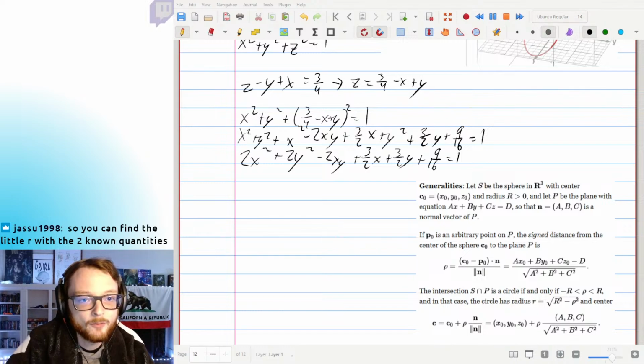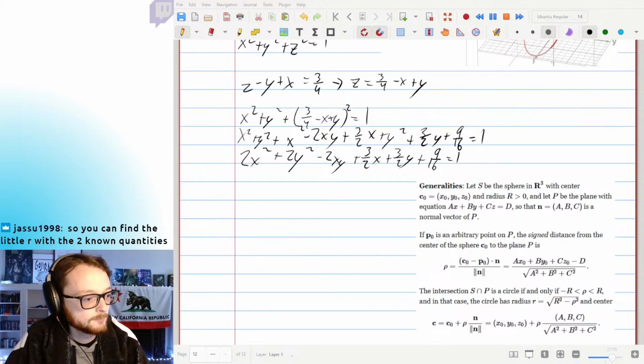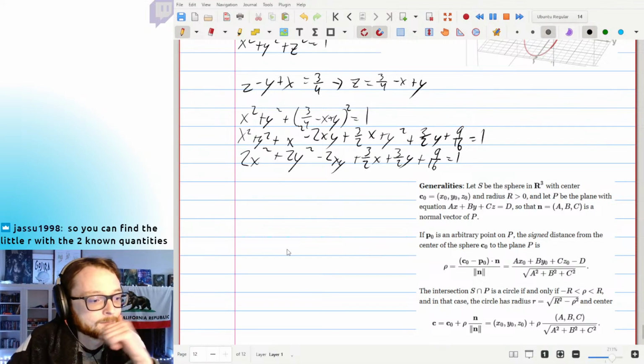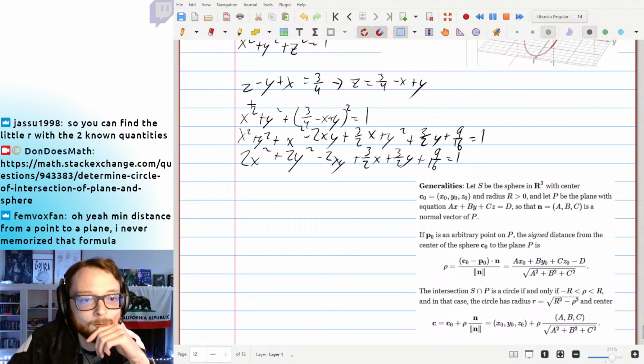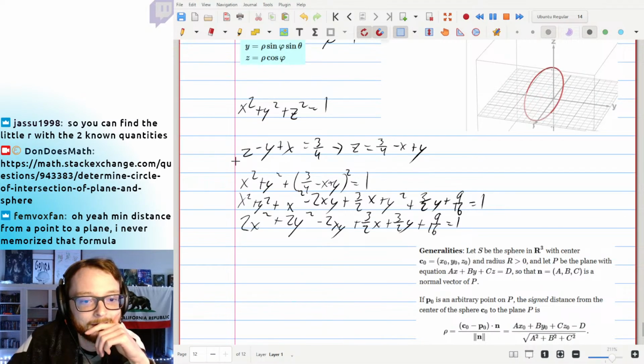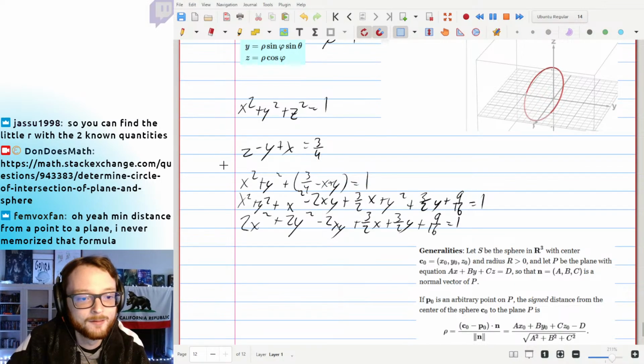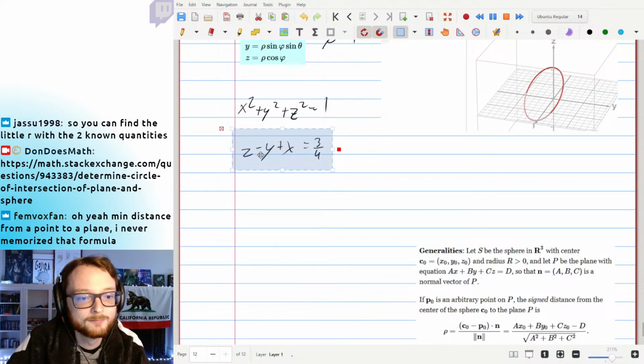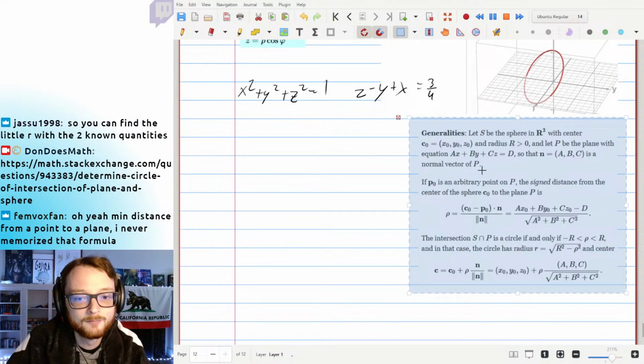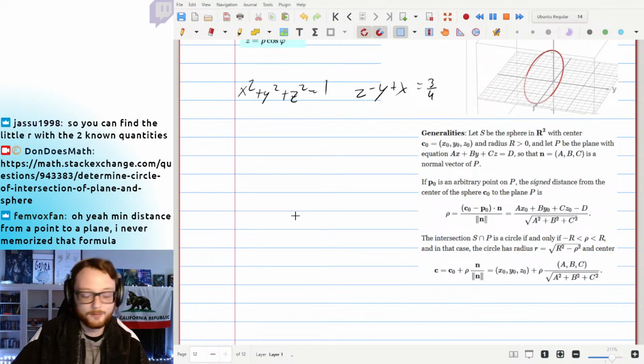I'll drop the link to the Stack Exchange thread in each of the chats as well. I've seen this formula before, but I don't have it memorized either. It's clever though.